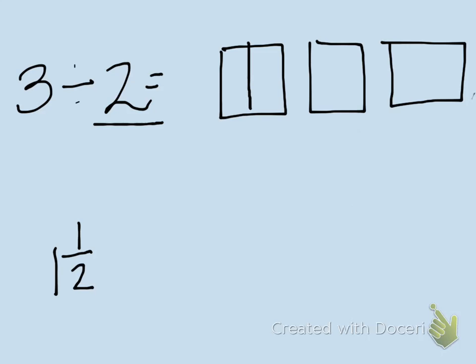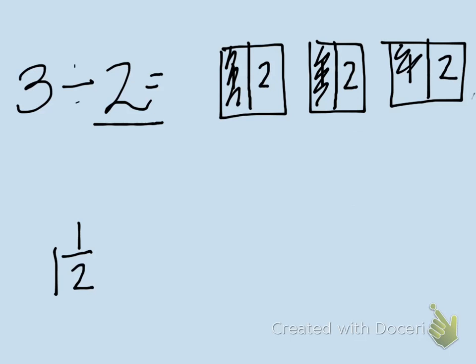So I can break the first one in half, the second one in half, and the third one in half. So the first half would go to person number 1, second half to person number 2, and so on. So person number 1 would get 1 half, 2 halves, and 3 halves. Person number 2 would also get 1 half, 2 halves, and 3 halves.